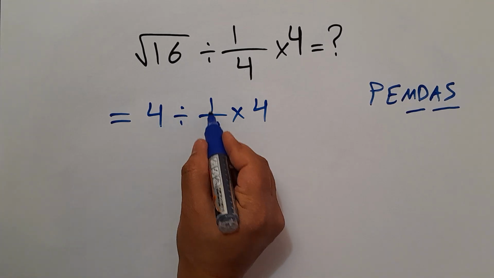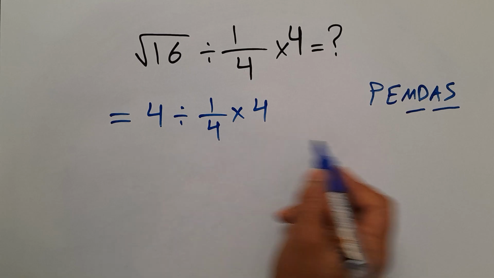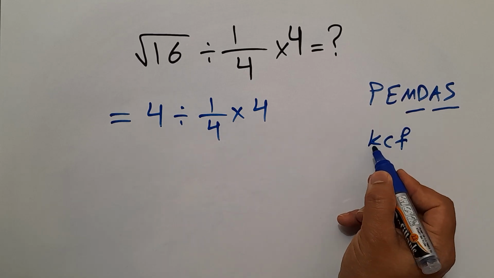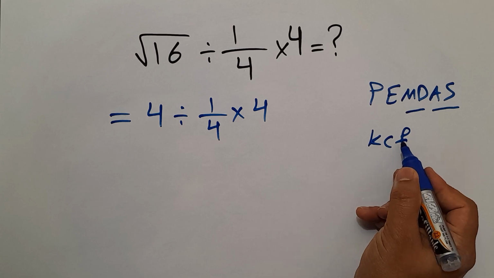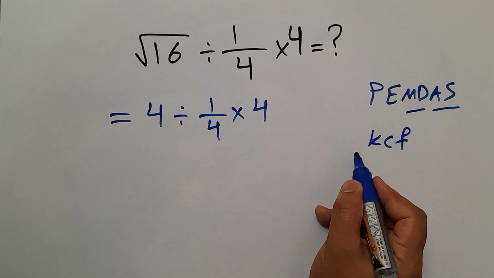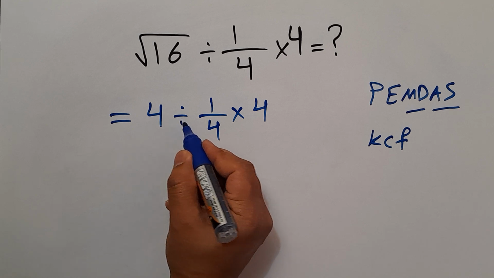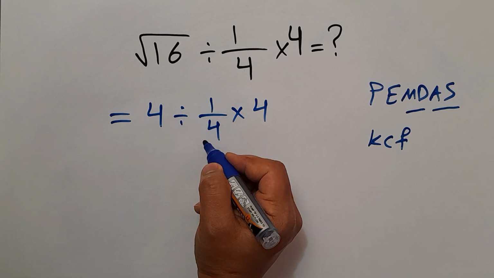4 divided by 1 over 4, according to the KCF rule, K stands for keep, C stands for change, and F stands for flip. Keep the first fraction, change division to multiplication, and flip the second fraction.